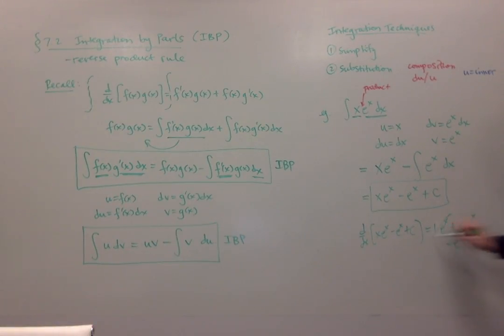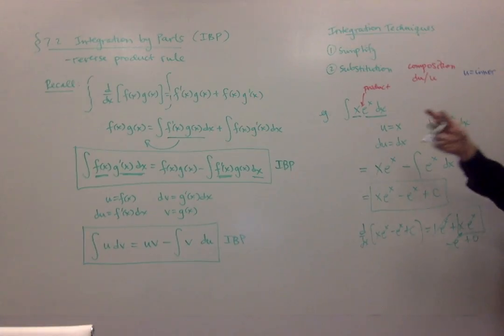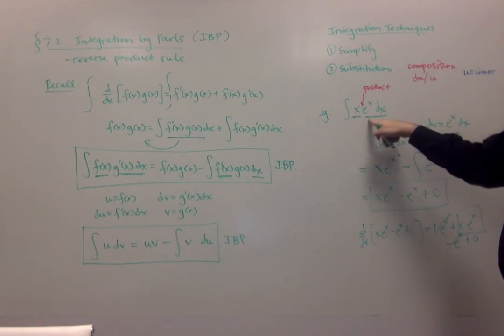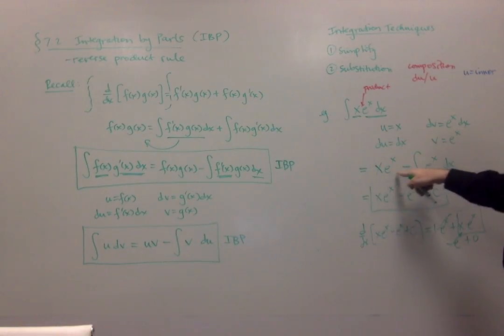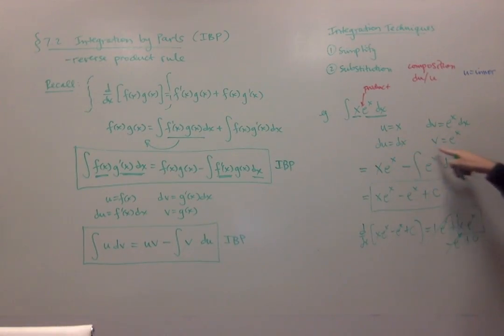Notice that this e to the x and this e to the x cancel, and I get my original integrand, which is what should happen. So the point here is that integration by parts takes an integral that has a product, and it spits out some function minus another integral that should be a better product.